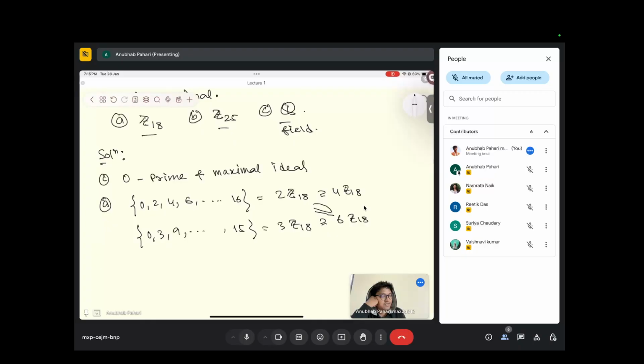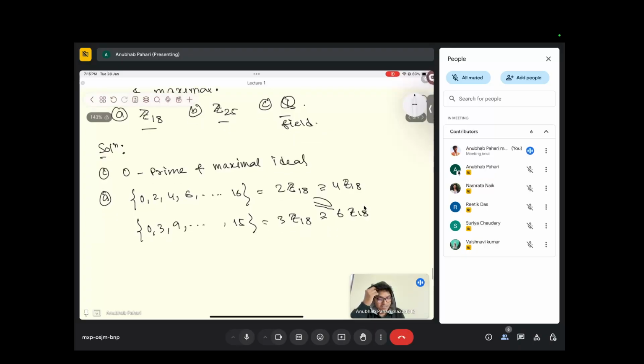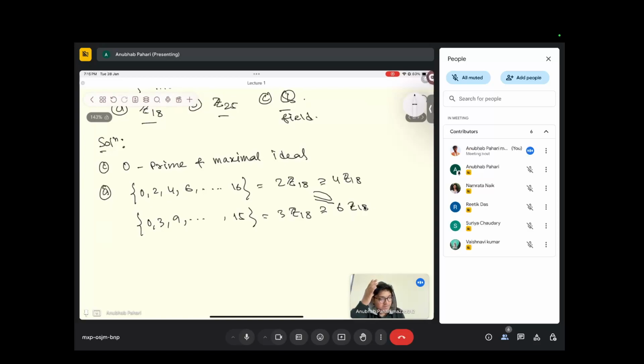You see that they are closed under arbitrary multiplication, so all these are subrings and also ideals. But what about the maximal or prime ideals?